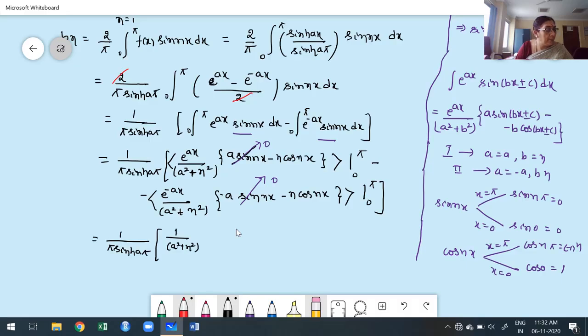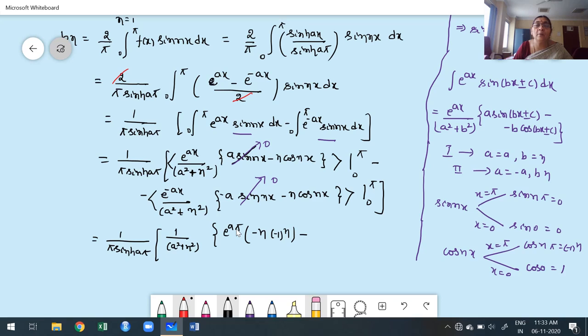Apply the upper limit. What is my upper limit? Pi. E power of a pi, half, this is 0 minus n into, the value of x is pi, cos n pi. What is cos n pi? It is minus 1 to the power of n. Minus lower limit.